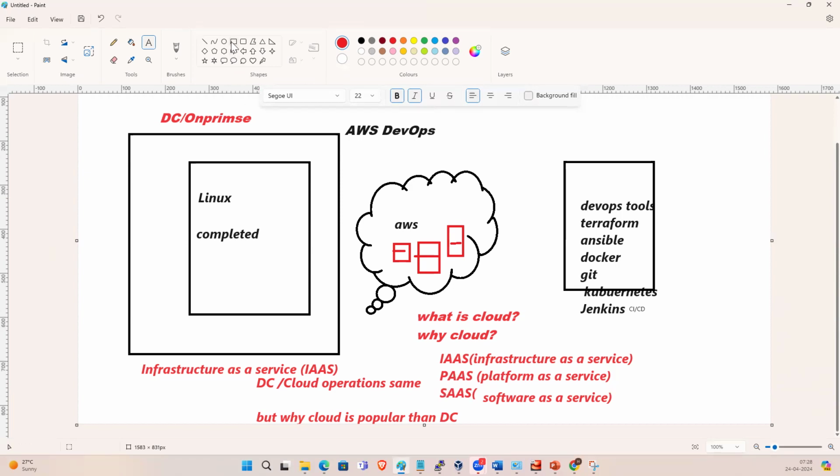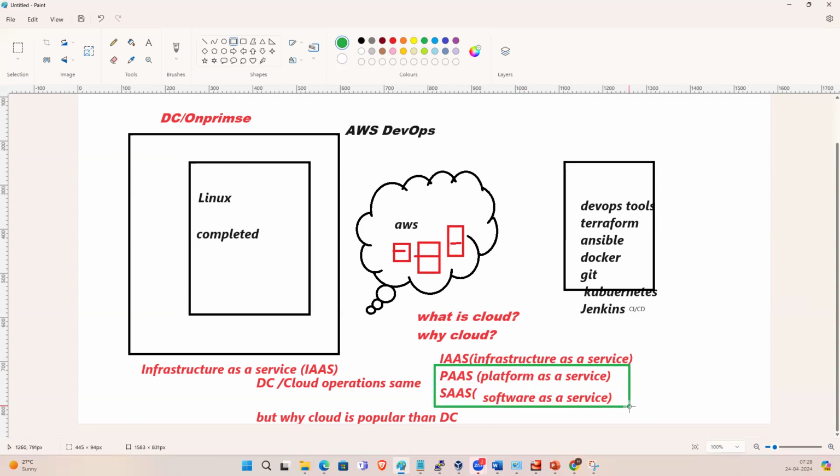One of the advantages is that they are providing platform as a service and software as a service. But the DC only provides IaaS, infrastructure as a service.